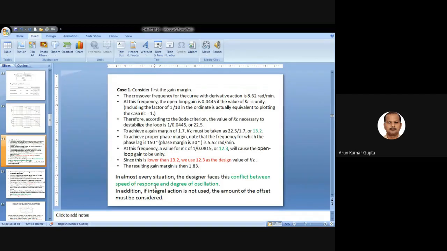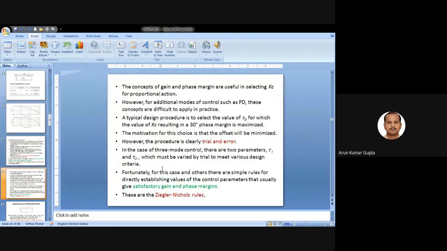That is more oscillatory, right? Speed of response, you can say, is the rise time. If the rise time is very small, that is okay. But at the same time, if the rise time is small, it is also more oscillatory. So you have to take a parameter according to your desired requirement.